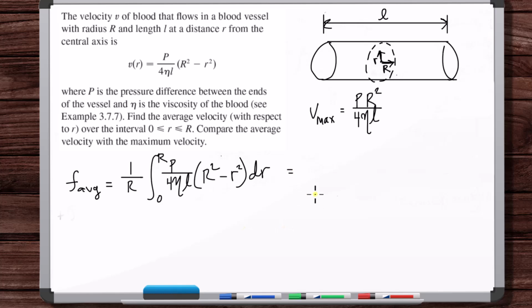Okay, so let's pull out constants. The L is constant, the viscosity is constant, the P is constant, the capital R is constant.